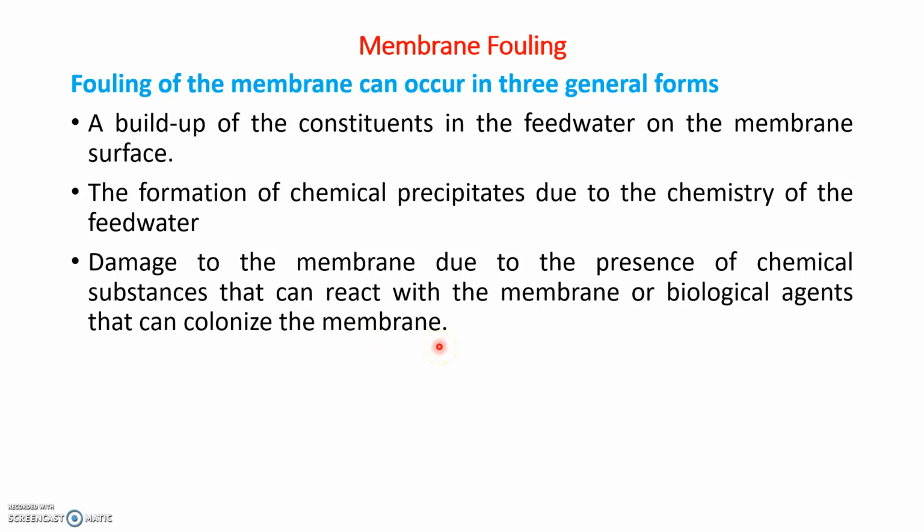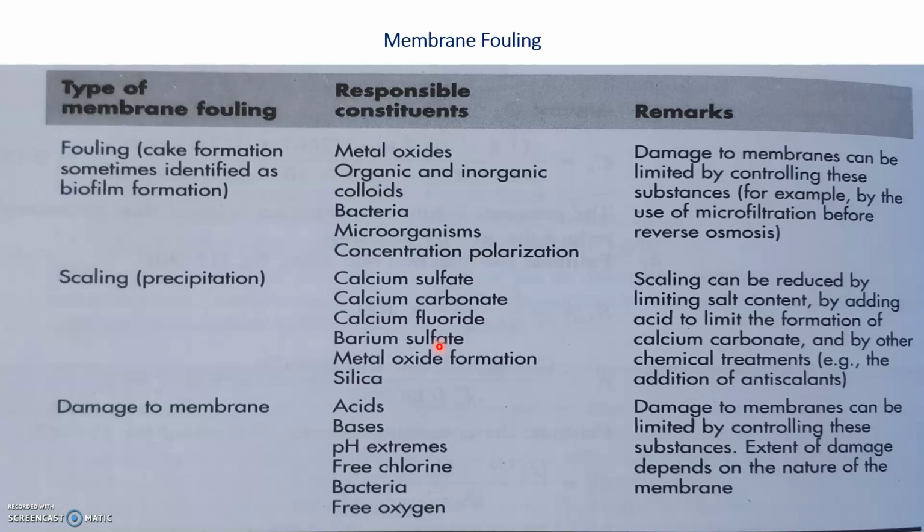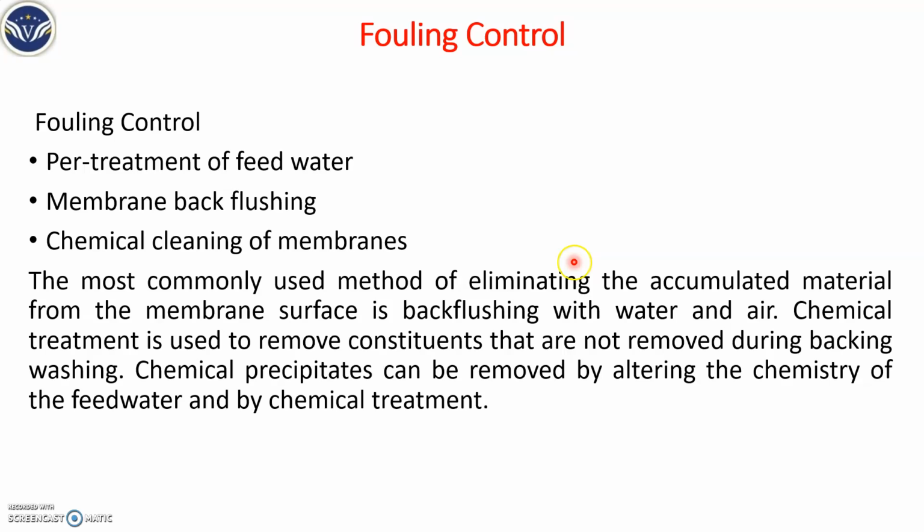So these are the major problems. You can see again, this has been taken from a Metcalf & Eddy book. So you can see the type of fouling and responsible constituents and how they can damage those membranes itself. Acid also can damage, extreme pH, chlorine, bacteria, free oxygen. These all can damage those membranes.